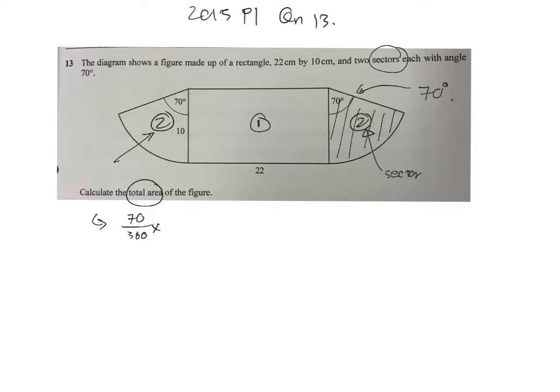That's the point. Times pi r squared, pi times 10 squared. And I have two of these. Right? And then I add the rectangle of 22 times 10. Okay? So we add it up and let the calculator do the hard work. And so what's the answer?